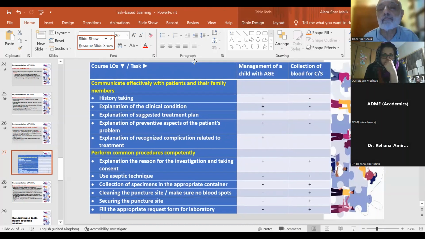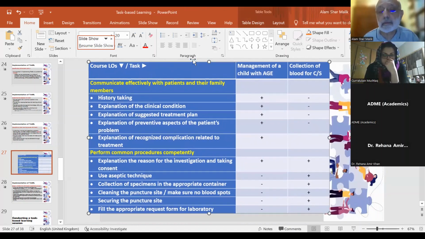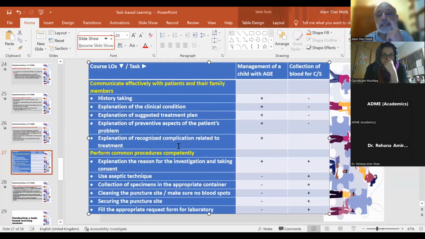Yeah, here you can see that the learning outcomes related to communication are very well addressed in the task like management of child with acute gastroenteritis, whereas procedure is very well addressed in the task of collection of blood for culture sensitivity.